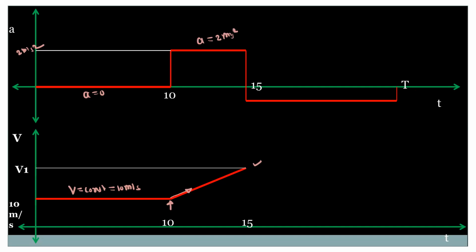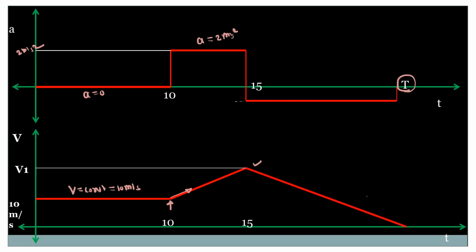For 15 to T seconds, acceleration is negative. So what is the meaning of negative acceleration? The velocity of the object will decrease with respect to time. Okay. So on the velocity time graph, the velocity will be a straight line, but in a decreasing manner.